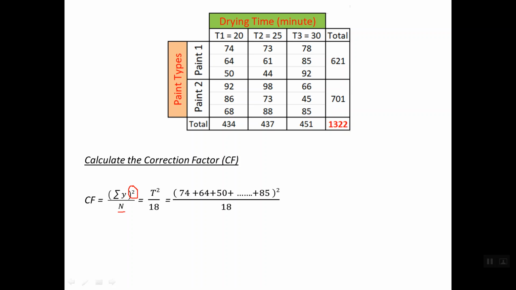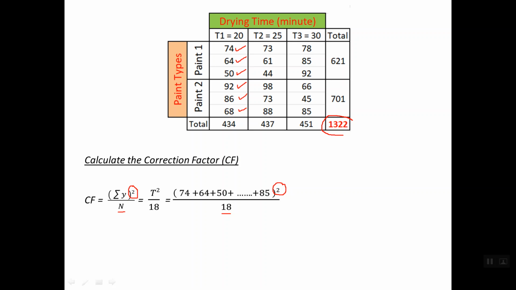Regarding the total observation, we need to sum all of the 18 observations, then square this value and divide it by the total number of observations, which is 18. You can use Excel to get the total of the observations and the square of this value.